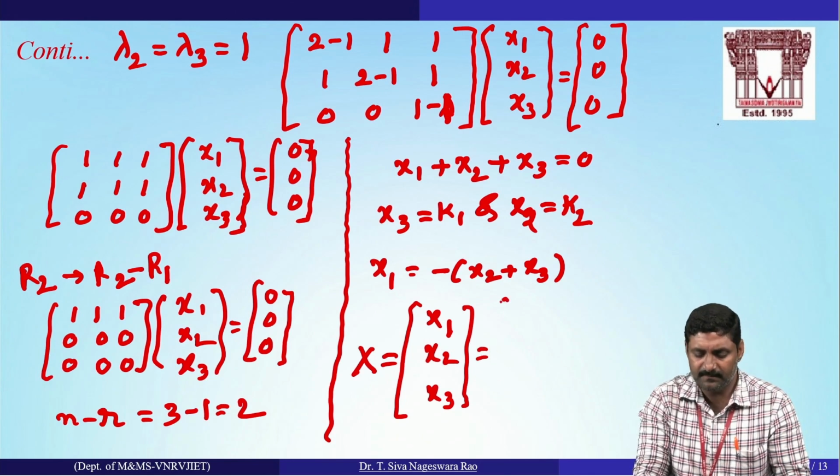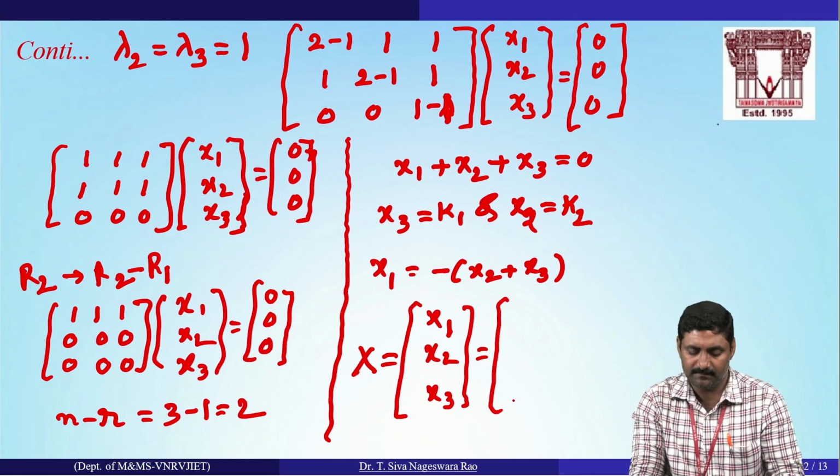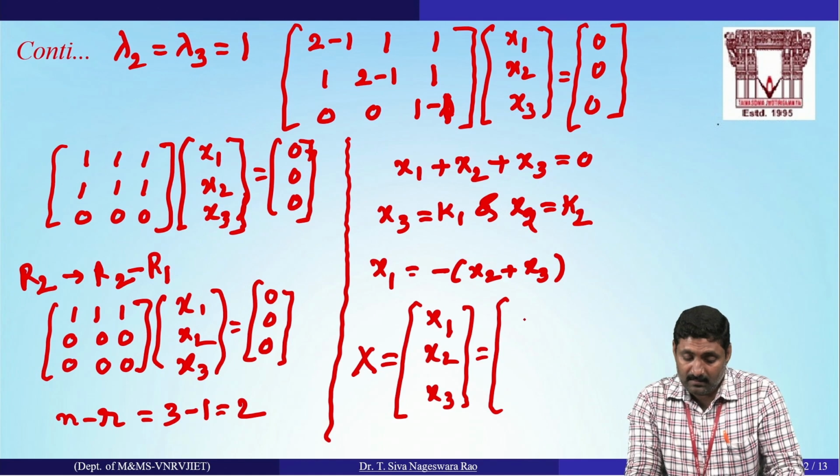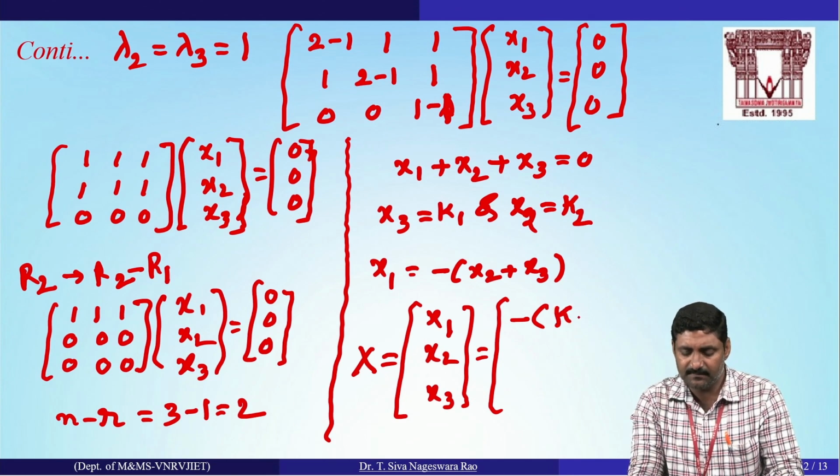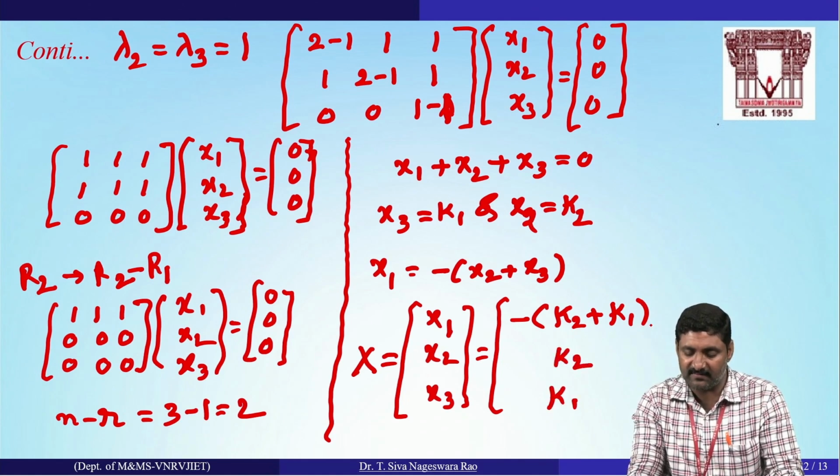Therefore this capital X becomes the column vector x1, x2, x3, which is equal to minus of, replacing x2 with k2 and x3 with k1, k2 plus k1; x2 is k2; and x3 is k1.